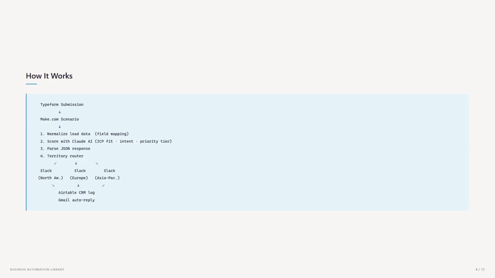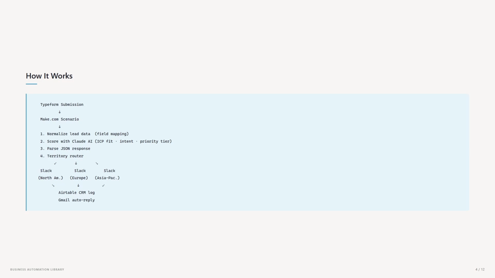Let's walk through the architecture before we start building. First, a lead would input their details through a Typeform submission, or you could adapt this to whatever your business currently uses to source leads. That's then picked up by a Make.com scenario, which goes through a series of steps.